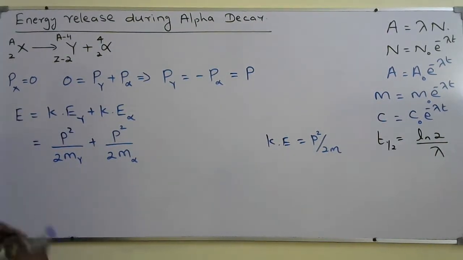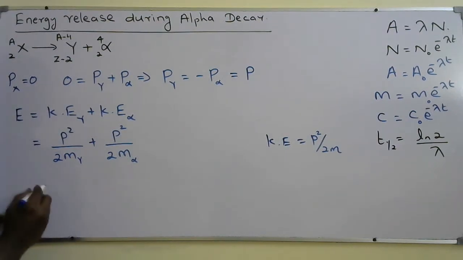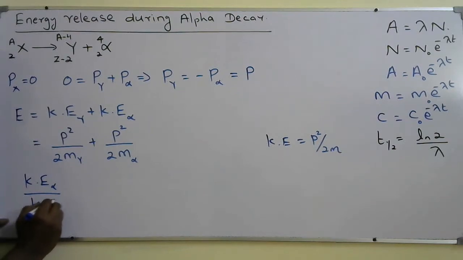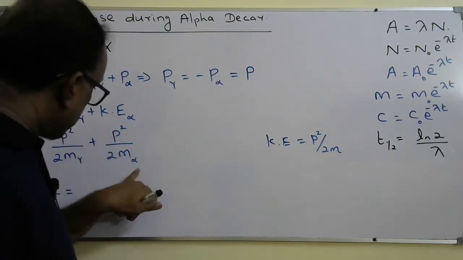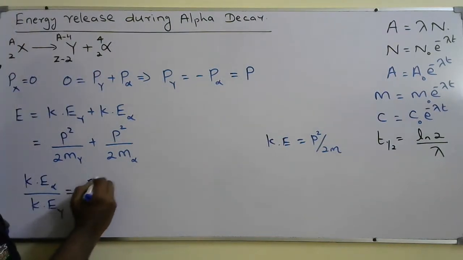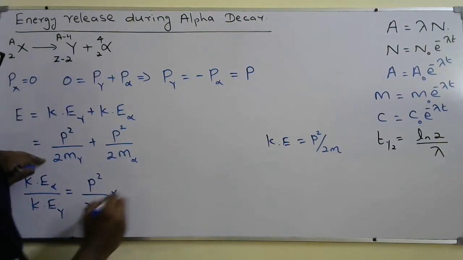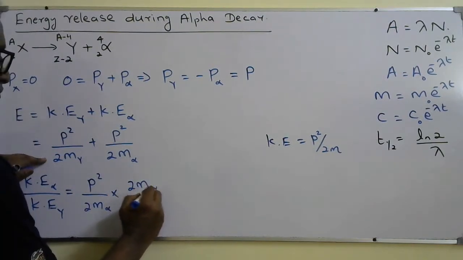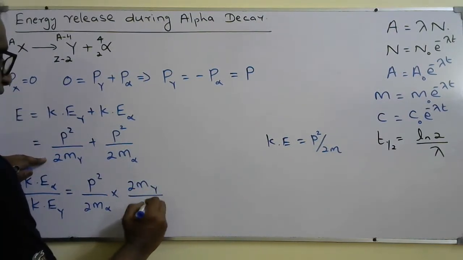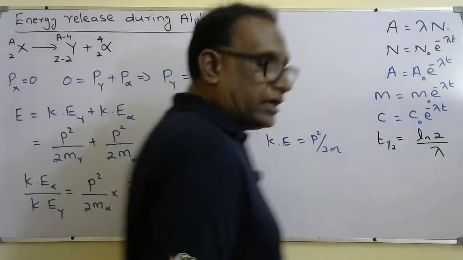Okay, so we can find the ratio of the kinetic energy of alpha to the kinetic energy of the daughter nucleus. Kinetic energy of alpha is P squared over 2 times mass of alpha, multiplied by 2 times mass of Y over P squared. A simple relationship we are getting. I hope you understood.